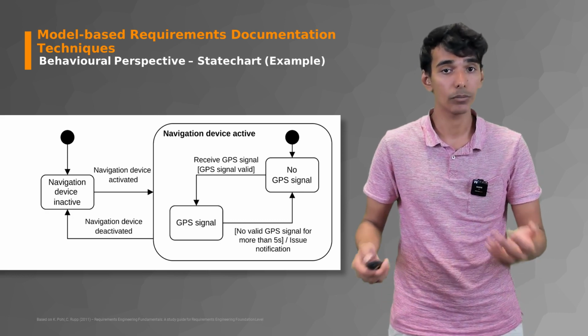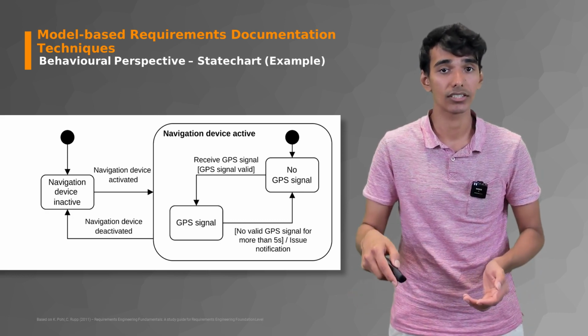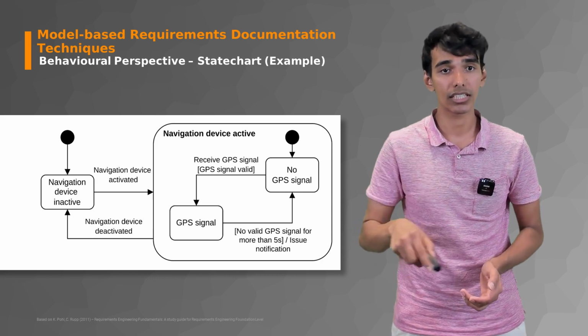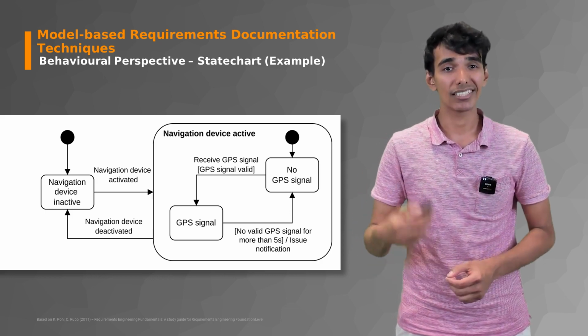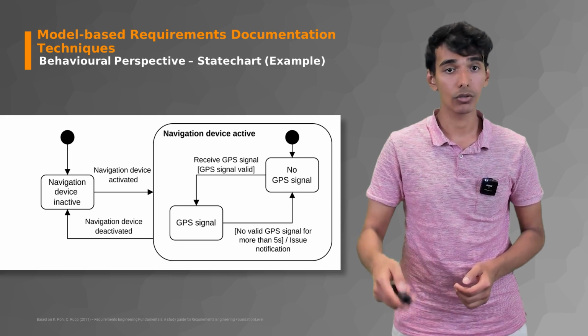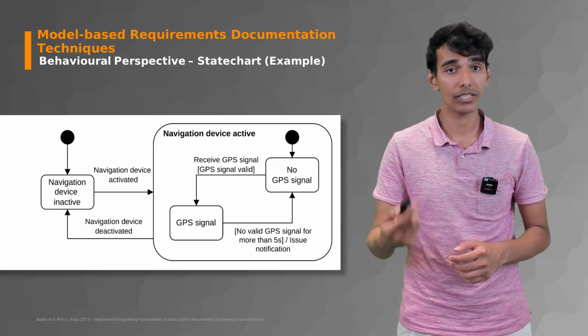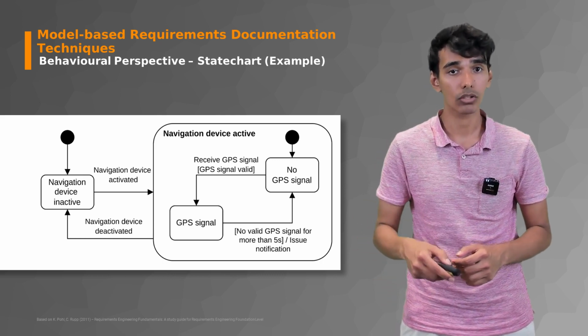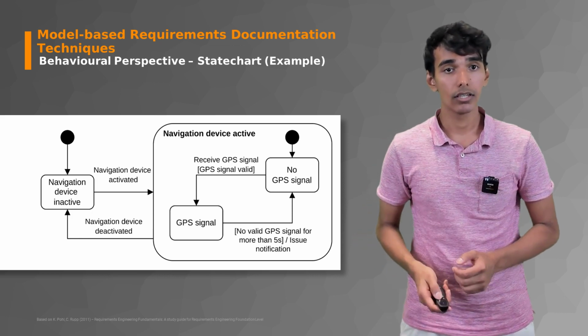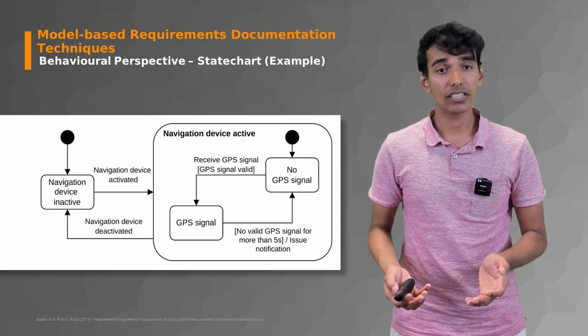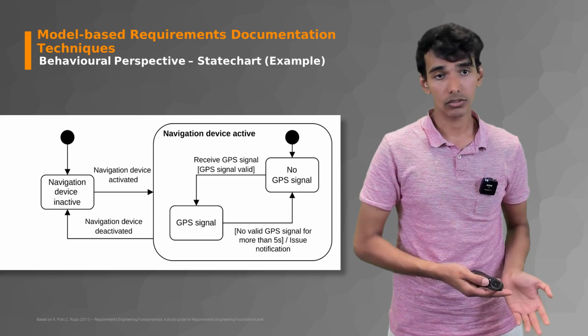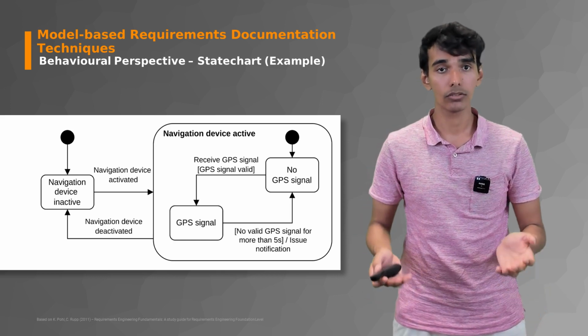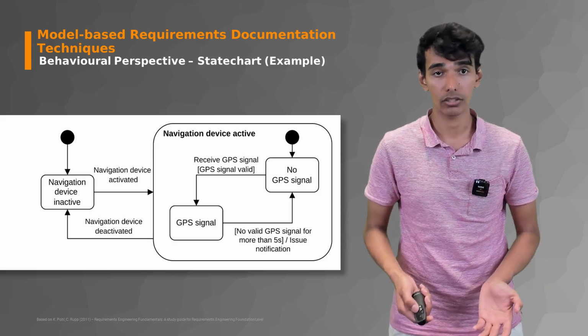Otherwise, there is no GPS signal, and every 5 seconds this process keeps continuing. So the state of your GPS device and also the procurement of the GPS data can be modeled based on states. And once your navigation device is deactivated, it goes back into the state of being inactive. Simple to understand different states that the navigation device can have.